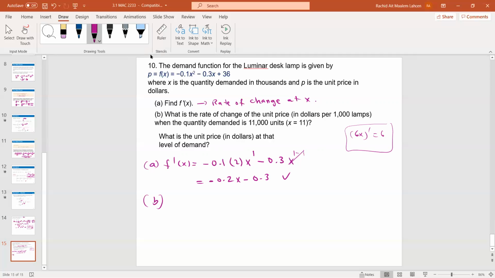What is the rate of change of the unit price in dollars per 1,000 lamps when the quantity demanded is 11,000? So this is something we talked about so many times now. When the model is given in thousands, right? And the quantity now is 11,000, that means x is taking 11, right?